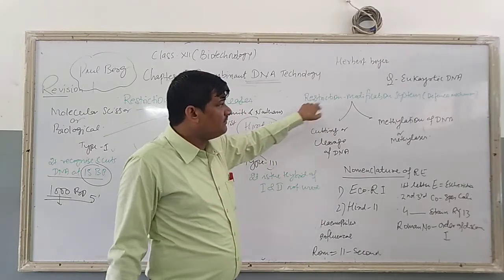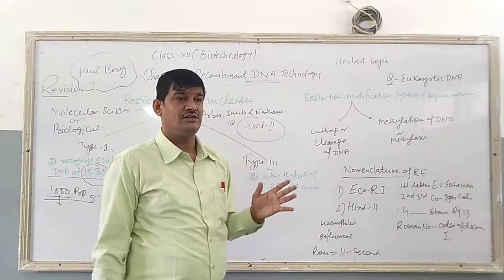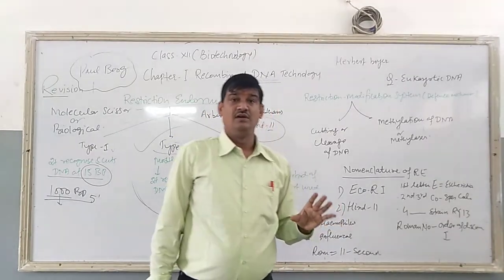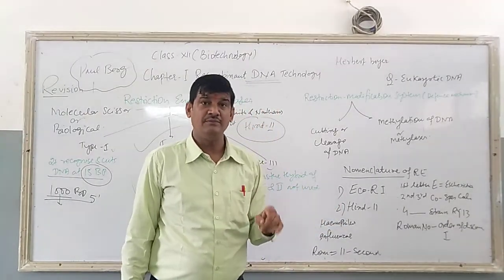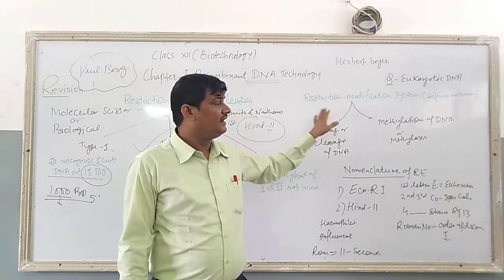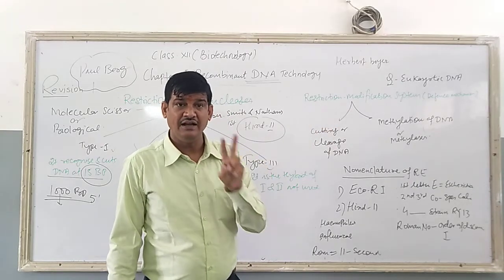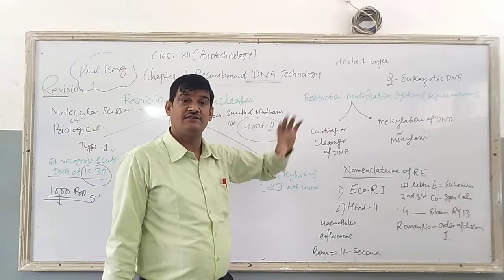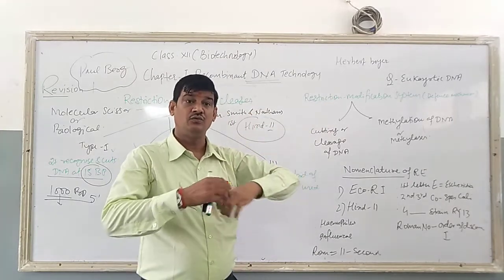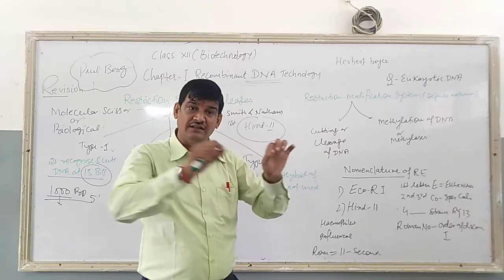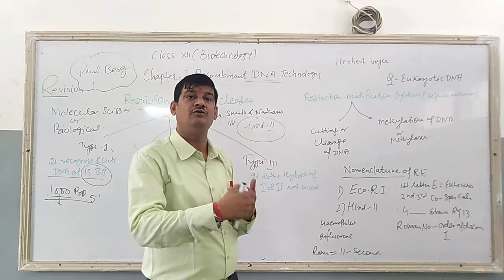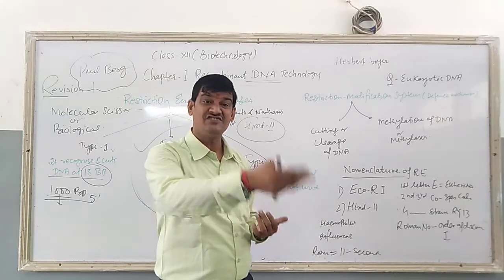So, the restriction modification system. Now the question is, what do you mean by the restriction modification system? The restriction modification system works like a defense mechanism, and it plays two roles. Number one is restriction. Restriction means to restrict, so the DNA cannot propagate. It does not allow the DNA strand to extend.